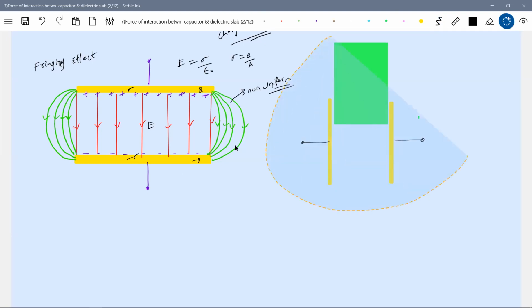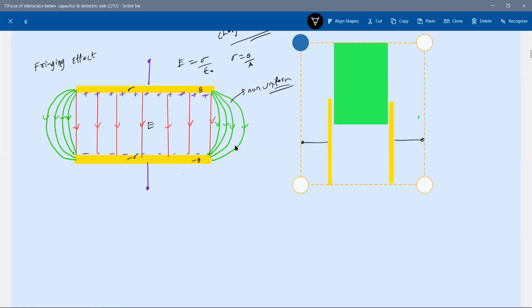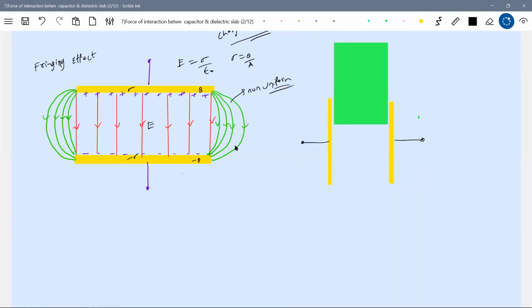I'll copy this so that later we can use it. Will anything happen to the dielectric slab? So there's a slab having dielectric constant K. The charge on the plates is Q. Some X length of the slab is going to get into the plates.